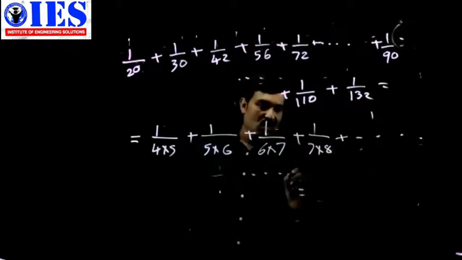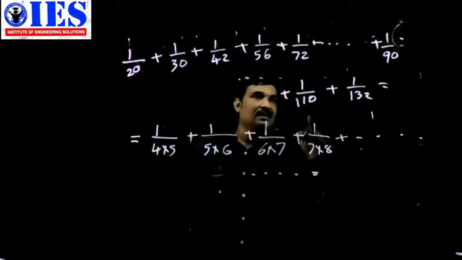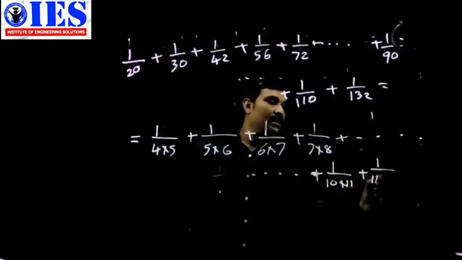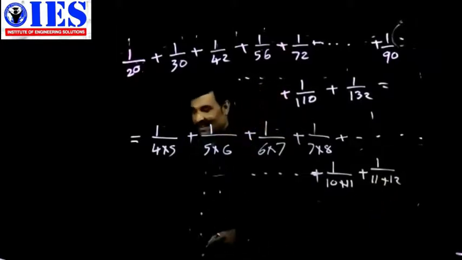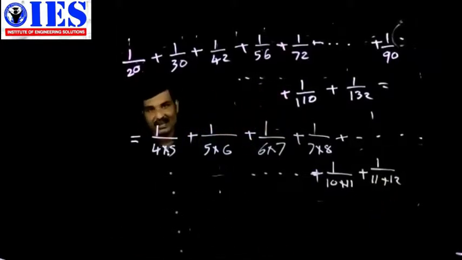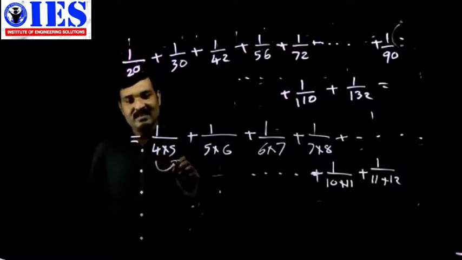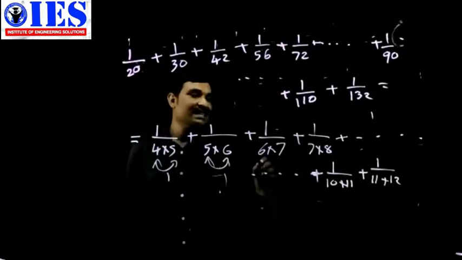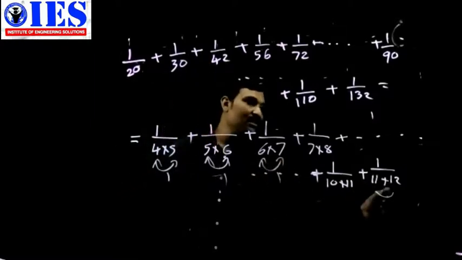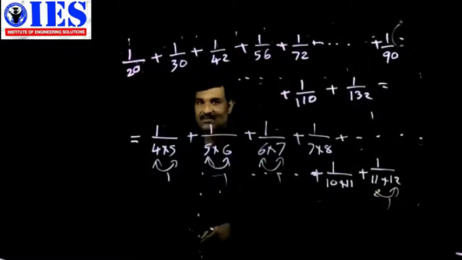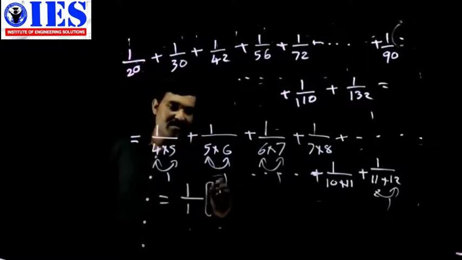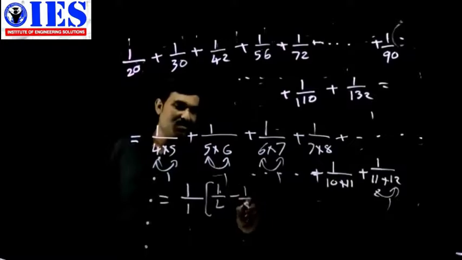This goes on, and we can write this term as 10 into 11 plus 1 by 11 into 12. All right. So we need to simplify this. Here the difference is 1. Difference of 4 and 5 is 1, 5 and 6 is 1, 6 and 7 is 1. All differences are 1. So we can apply the standard formula. This is equal to 1 by difference, multiplied by 1 by large minus 1 by small.